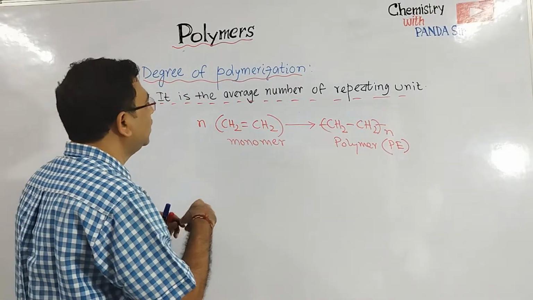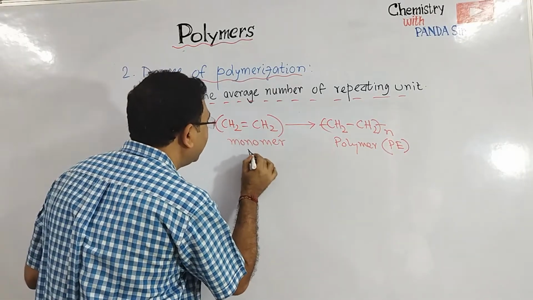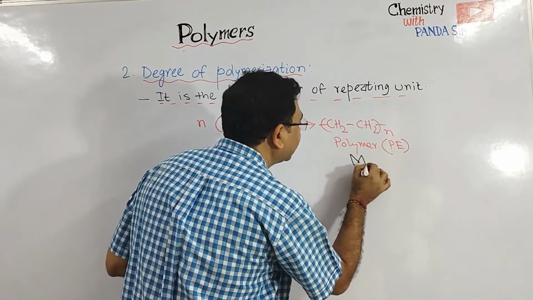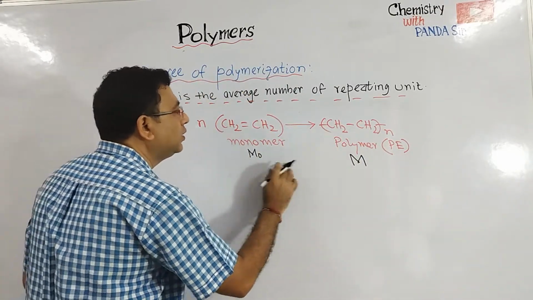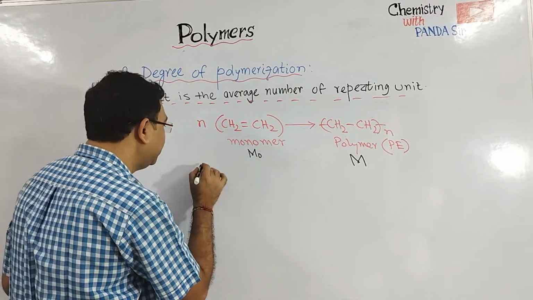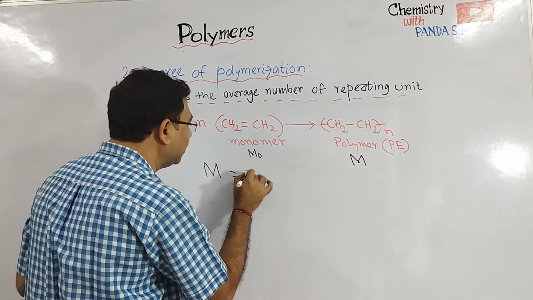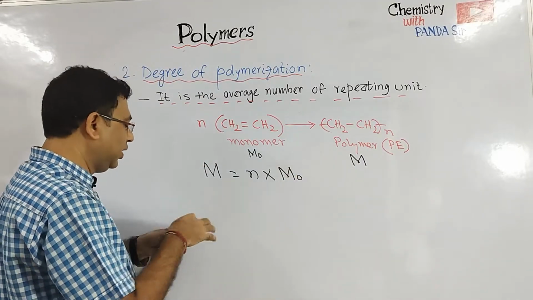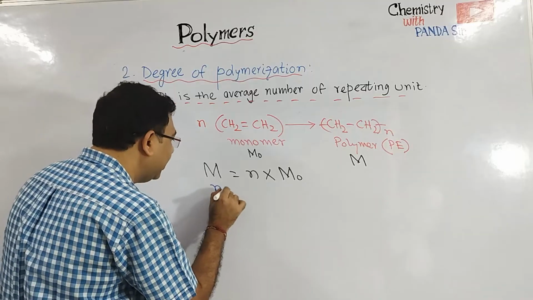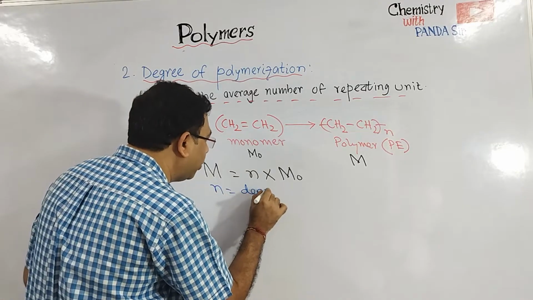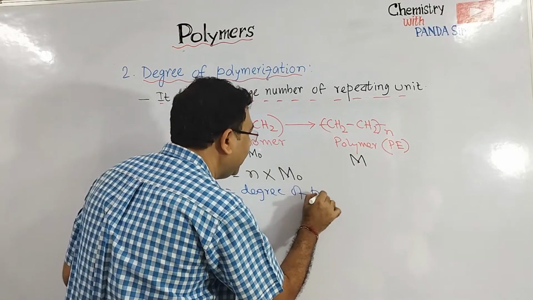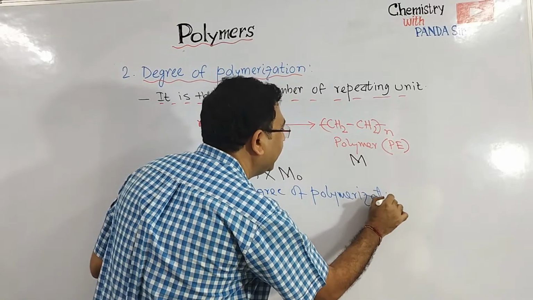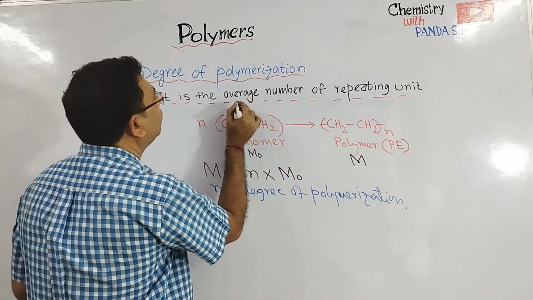Now consider the mass of the monomer is m0 and the mass of the polymer is capital M. Then what is the relation between the two? The relation is capital M equals n into m0. Here n is the degree of polymerization, and that's what we said in the definition, the average number.